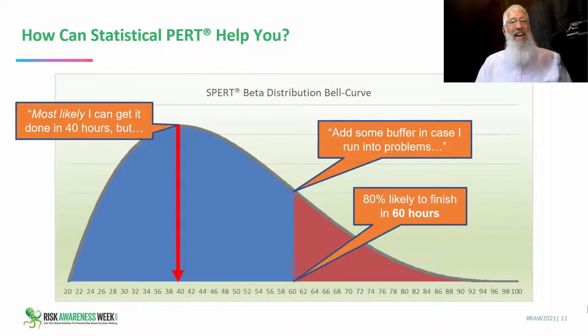This time, I'll put in 60 hours. Because if this bell-shaped curve using the beta distribution is a better representation of the risk that you sense about this task, I want to make sure that I'm 80% confident you're going to get this task done. I'll use 60 hours. There's only a 20% chance it could take you longer than 60 hours.